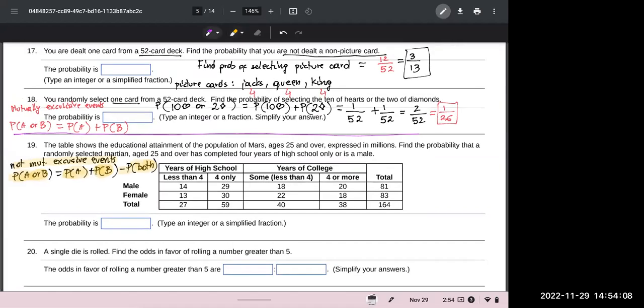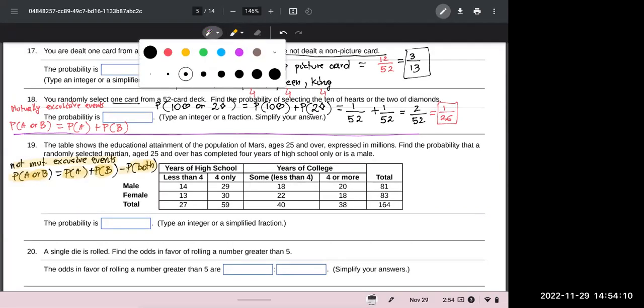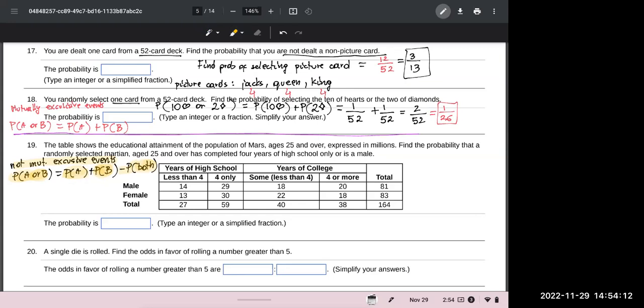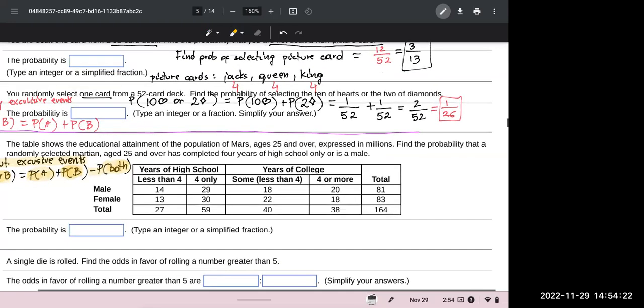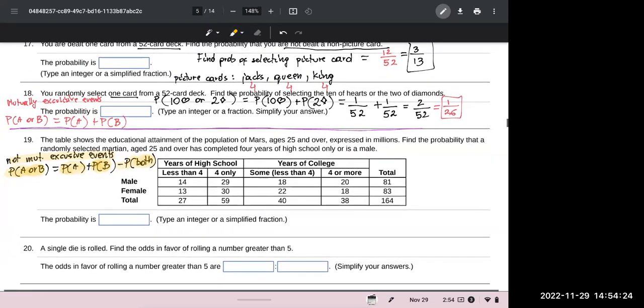So let's see how we can solve this problem, number 19. The table shows the educational attainment of the population of Mars, age 25 and over, expressed in millions. Find the probability that a randomly selected Martian age 25 and over has completed 4 years of high school only or is a male.